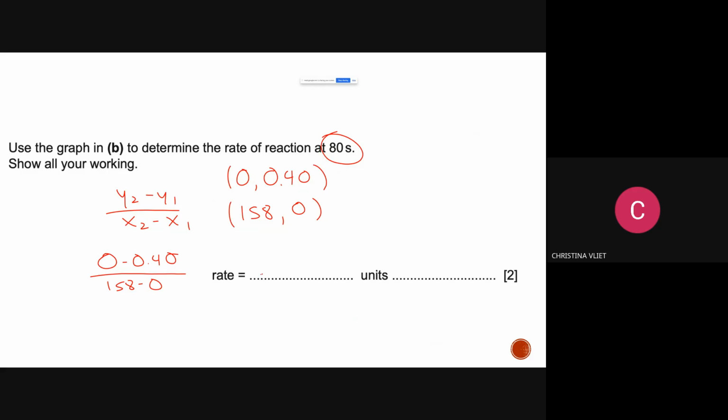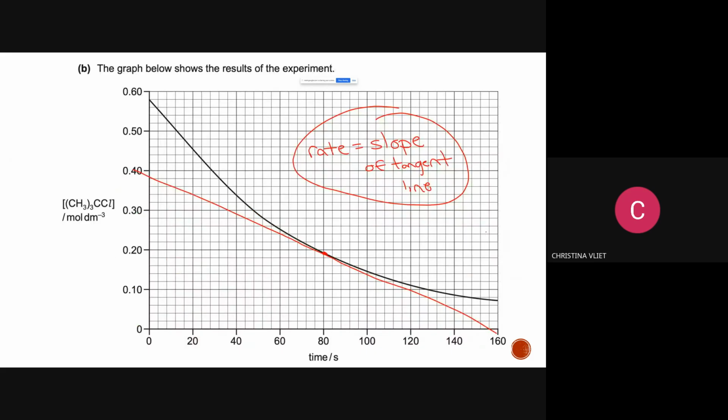I get 0.00253. The answer here is negative, yeah, but that's talking about a reactant. Reactants will always decrease in concentration, but a rate of reaction itself should always be positive because the rate of reaction is the rate of making products by definition.